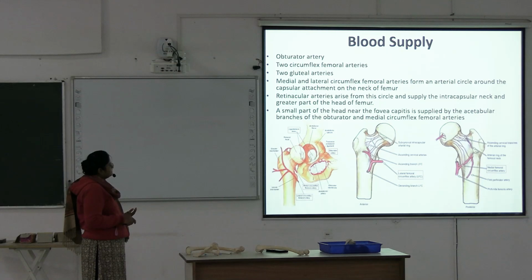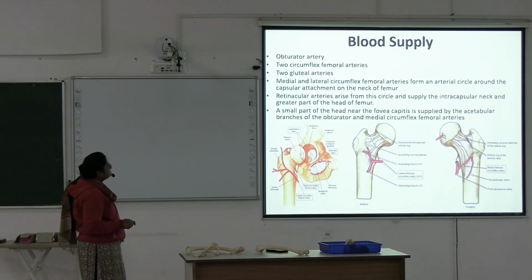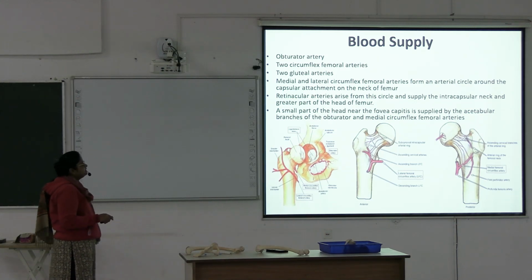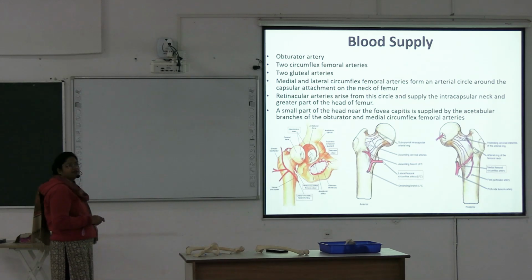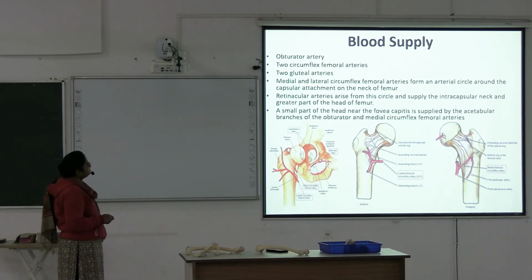They form an anastomotic chain around the neck of the femur. The medial and lateral circumflex femoral arteries form an arterial circle around the capsular attachment on the neck of the femur, and the retinacular arteries arise from this circle.